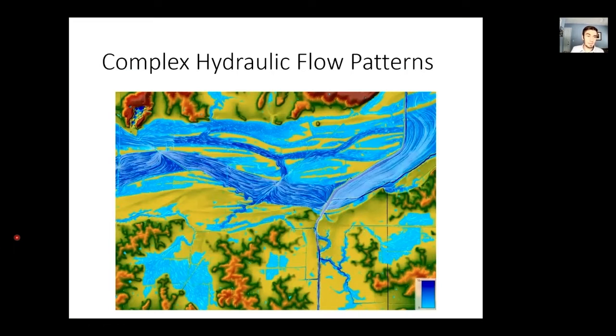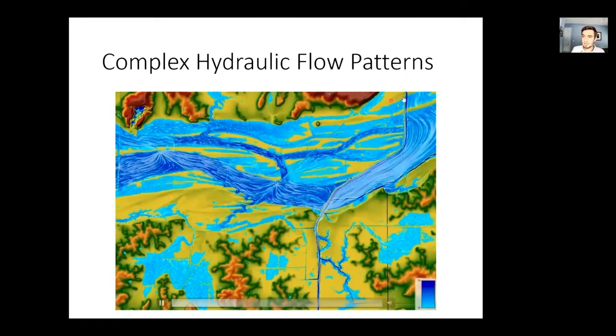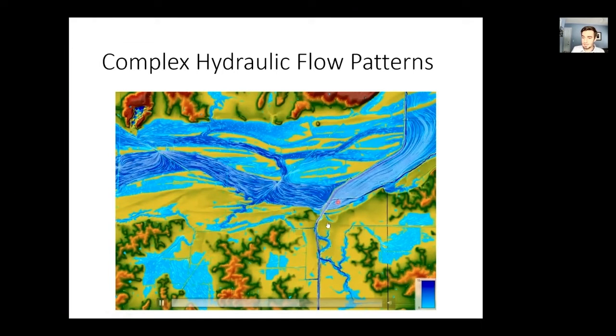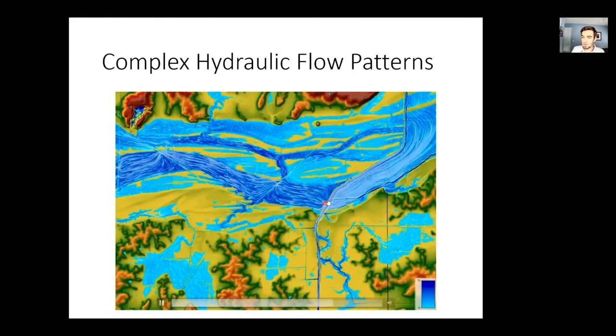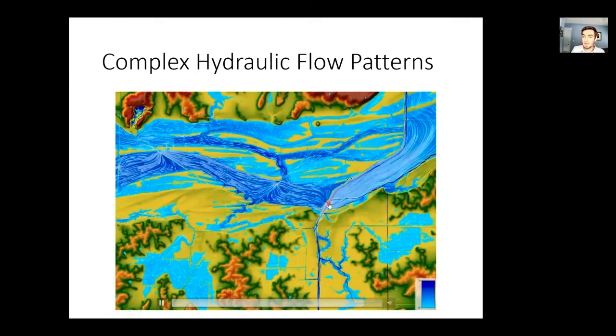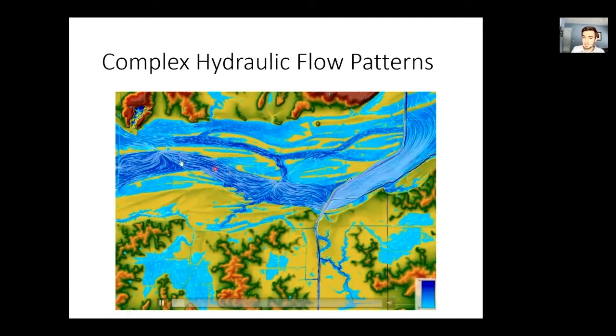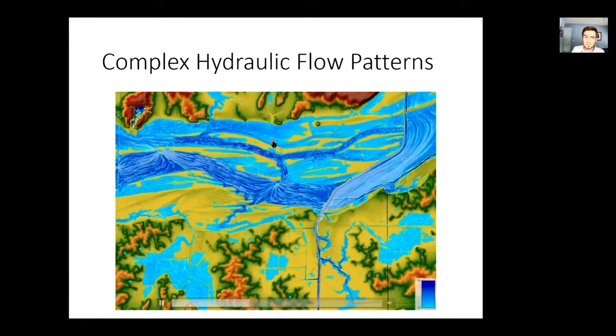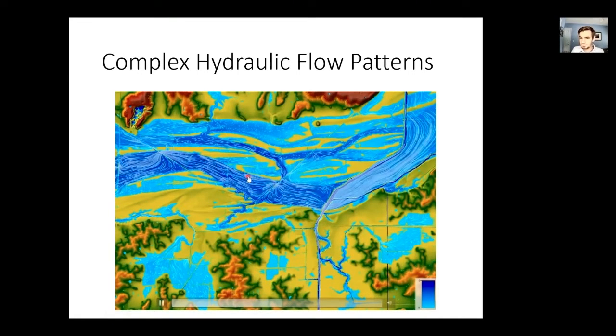And this is a perfect example of what I mean by complicated. We have the Cache River coming in here alongside the Karnak levee. Some of the flow moves through Post Creek Cutoff, some of the flow is moving through that levee breach into the lower Cache. And then you have all of these auxiliary flow paths, side channels that parallel the Cache River.